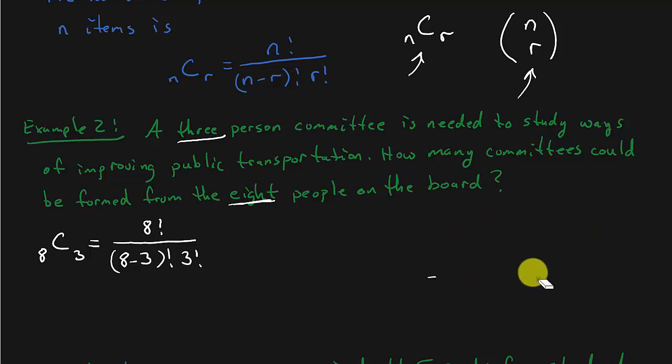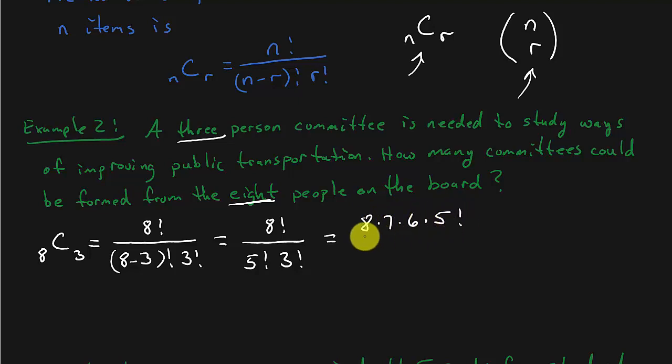All right. So now you can work this out. That's 8 factorial over 5 factorial times 3 factorial. And when you simplify that out, that's 8 times 7 times 6 times 5 factorial over 5 factorial.